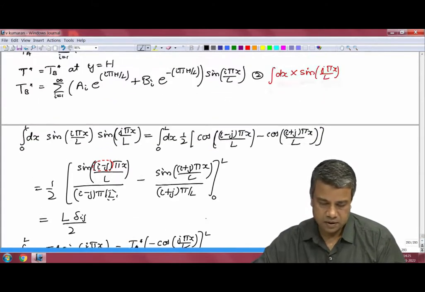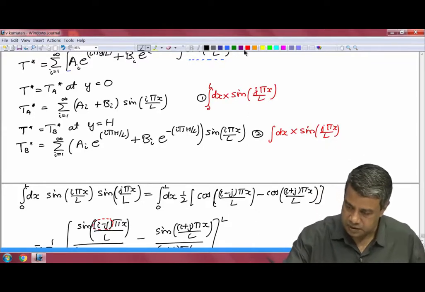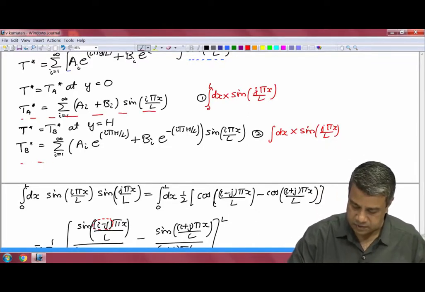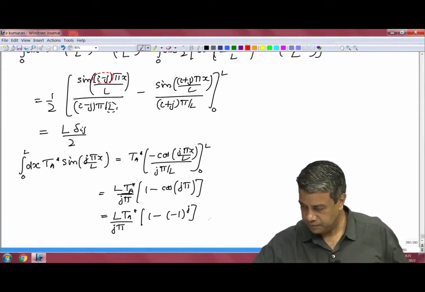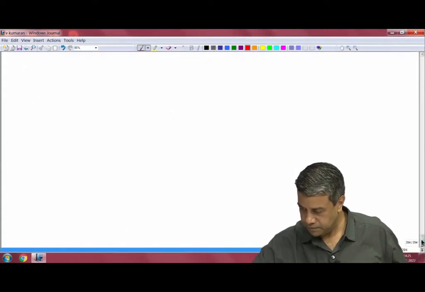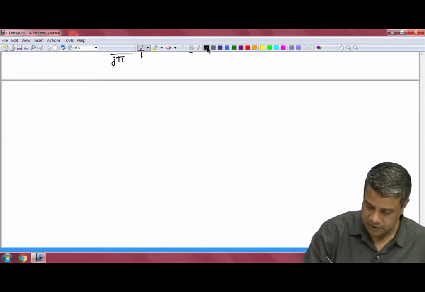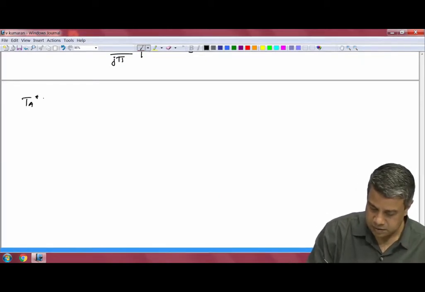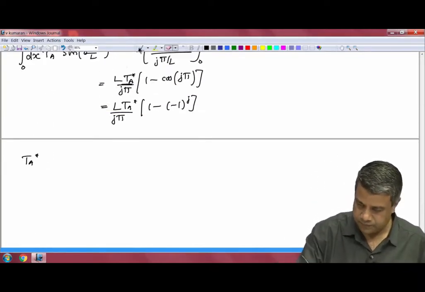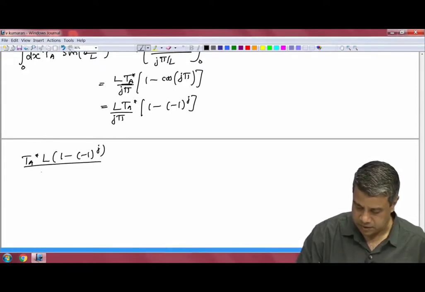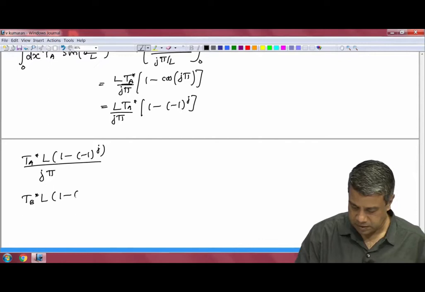So, this I can substitute on the left sides of these two equations, and the two equations will become Ta star into L into 1 minus 1 power j by j pi and Tb star L into 1 minus 1 power j by j pi.